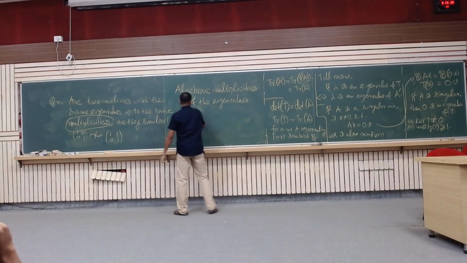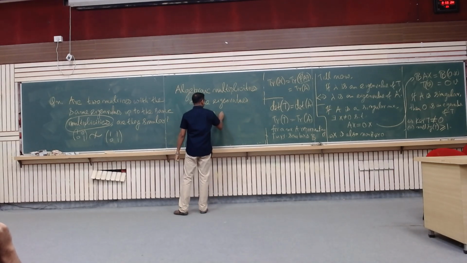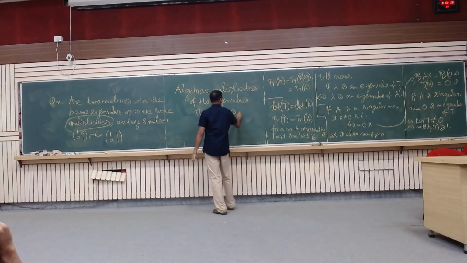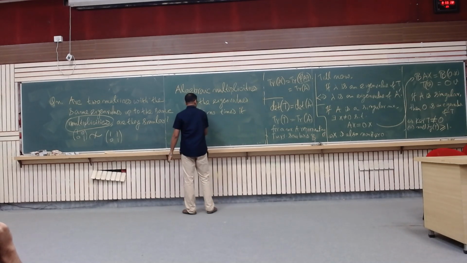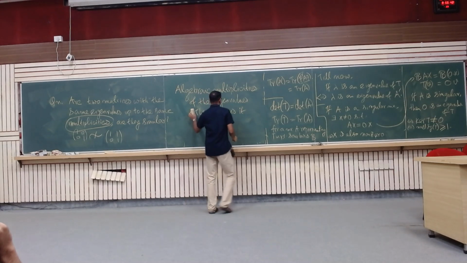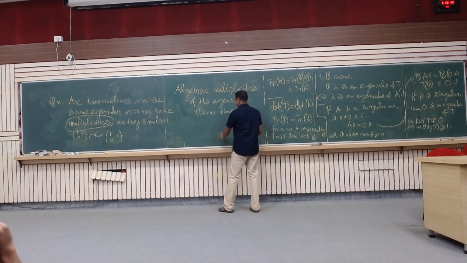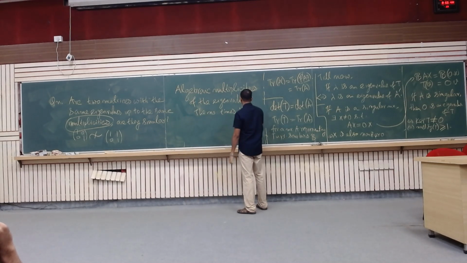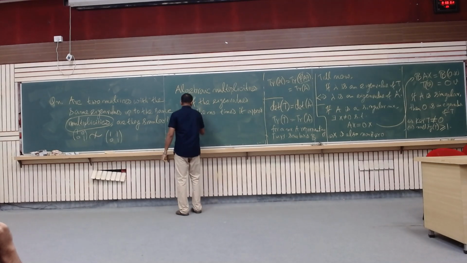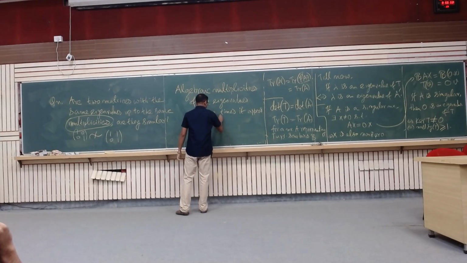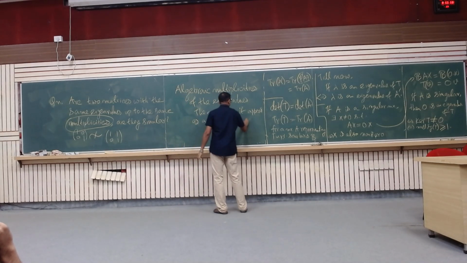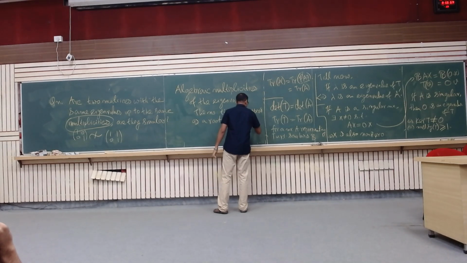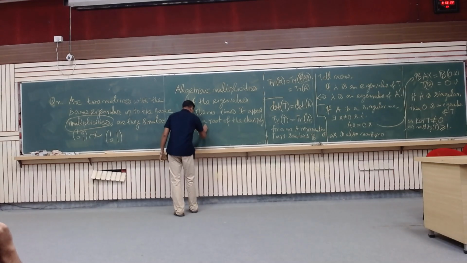This is just the number of times it appears as a root of the characteristic polynomial of this matrix A.